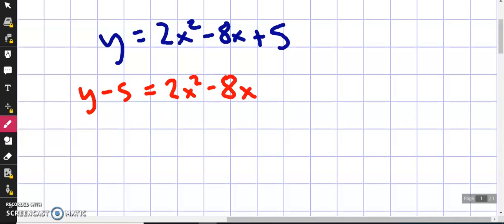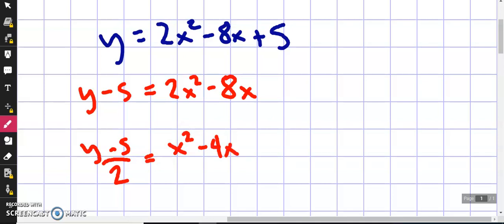Then, before I can complete the square, I also want to get rid of whatever number is in front of x squared. So I'm going to divide everything by 2. So I'll say I have y minus 5 over 2 equal to x squared minus 4x.